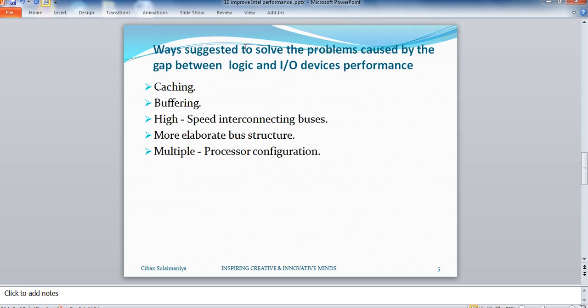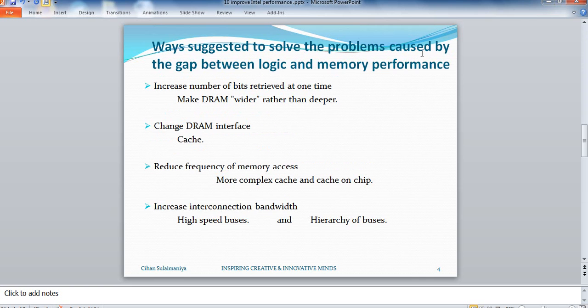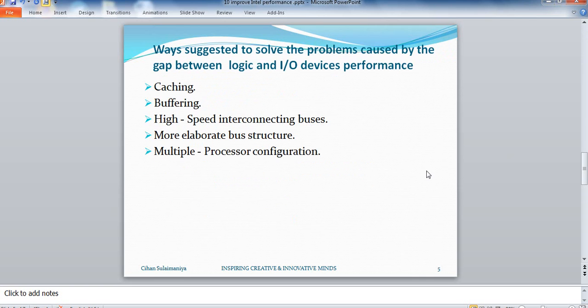Another question: why is it suggested to solve a problem caused by the gap between logic and input-output device performance? This is between the speed of the processor and the logic, because logic still doubles every 10 years, and input-output device performance.